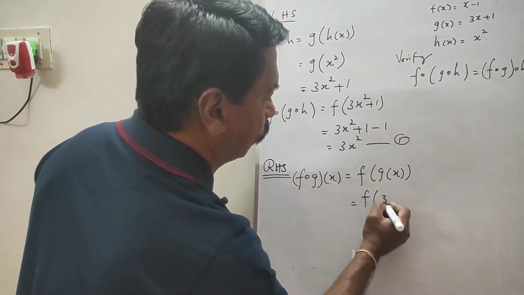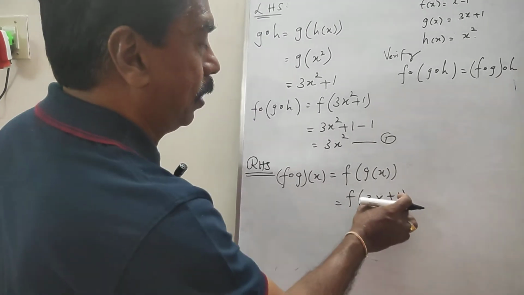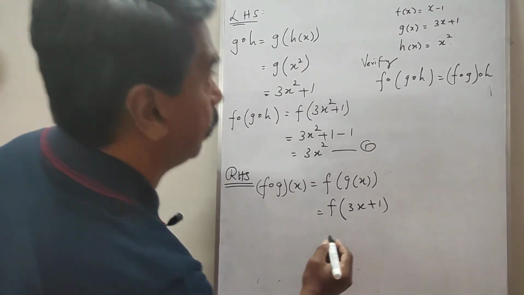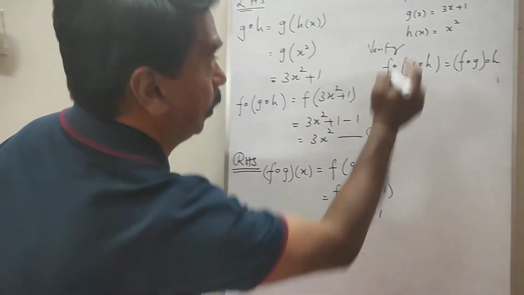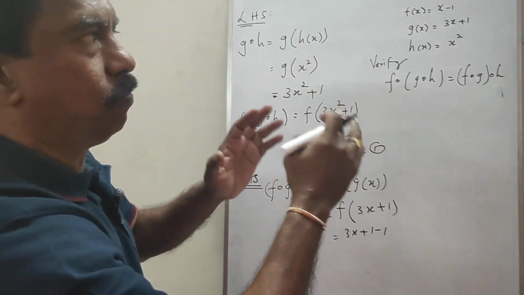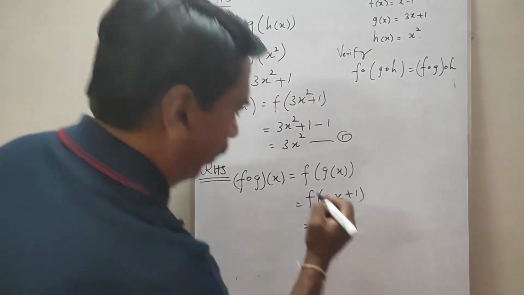G of x is 3x plus 1. Now you replace x by 3x plus 1 in the function f, so you get 3x plus 1, then minus 1. Only we are replacing x. All other terms should be followed as they are. So now it is reduced to 3x.